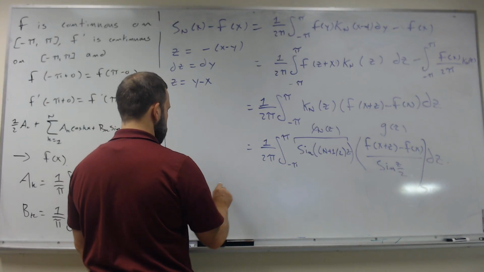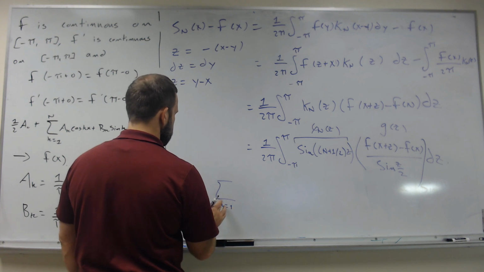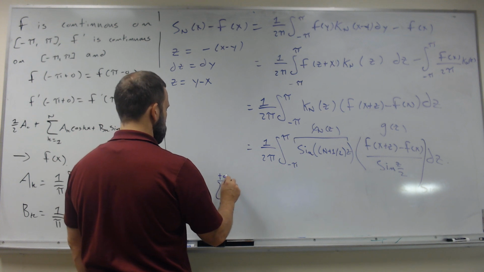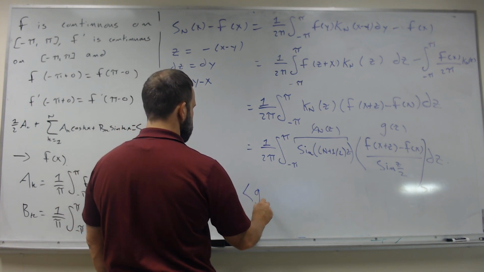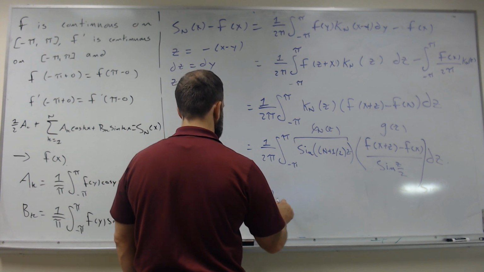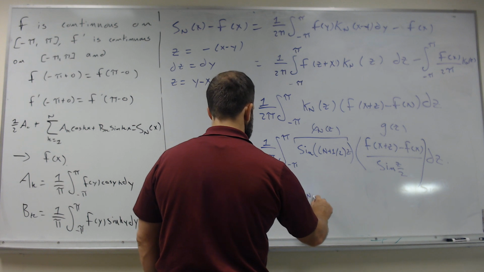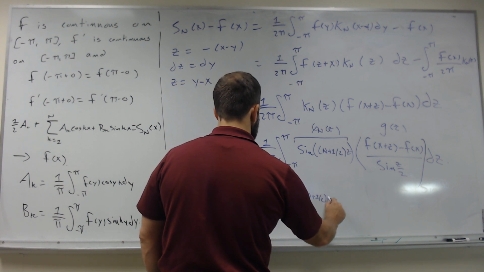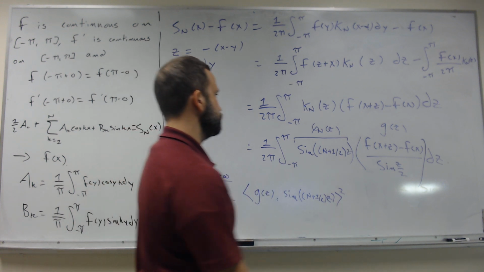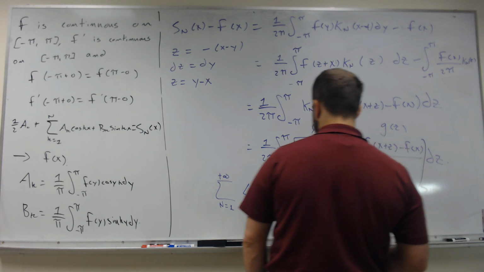The sum from n equals 1 to infinity of the inner product of g with these sine functions, sine of n plus 1/2 z, squared, is less than or equal to the integral.